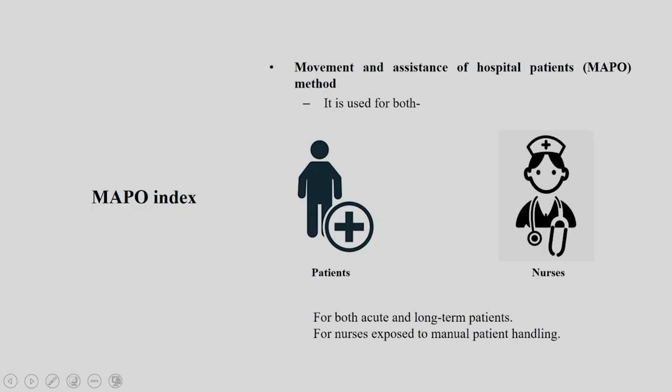The MAPO method is used for both patient and caregiver, the hospital nursing staff, for both acute and long term patients, and for nurses exposed to manual patient handling. For all these cases we can use the MAPO index.